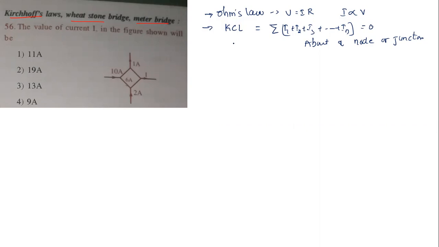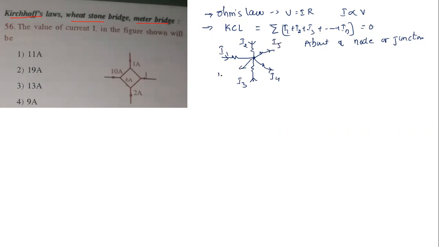Like if I take a simple circuit as an example, say currents I1, I2, I3, I4, I5, and this is a node point.